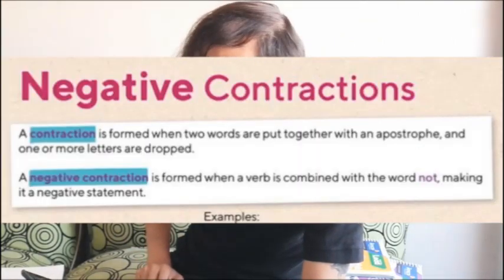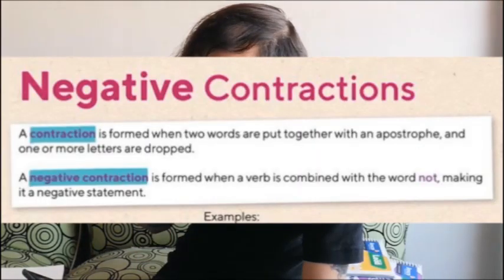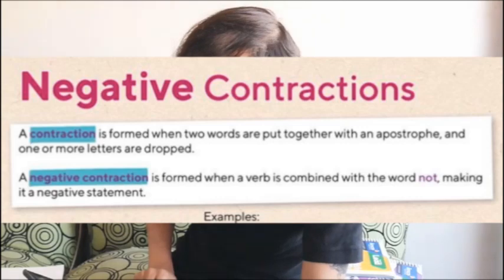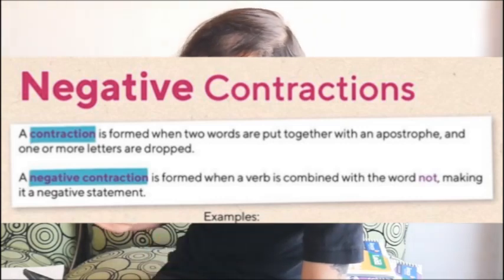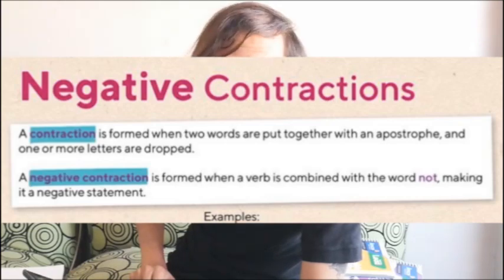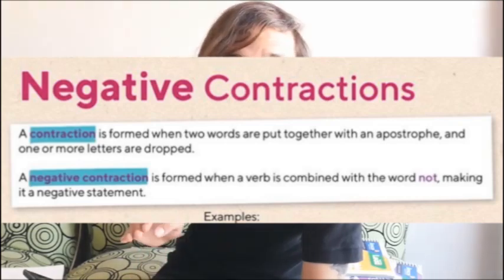Negative contractions. A contraction is formed when two words are put together with an apostrophe and one or more letters are dropped. A negative contraction is formed when a verb is combined with the word not, making it a negative statement. Super easy. Actually, we checked this in the last class. Remember when we said do not?